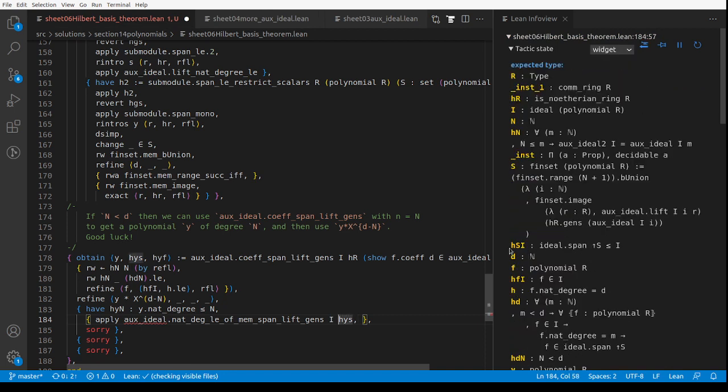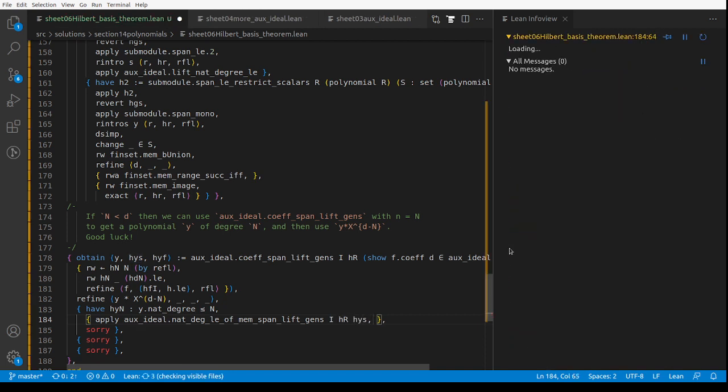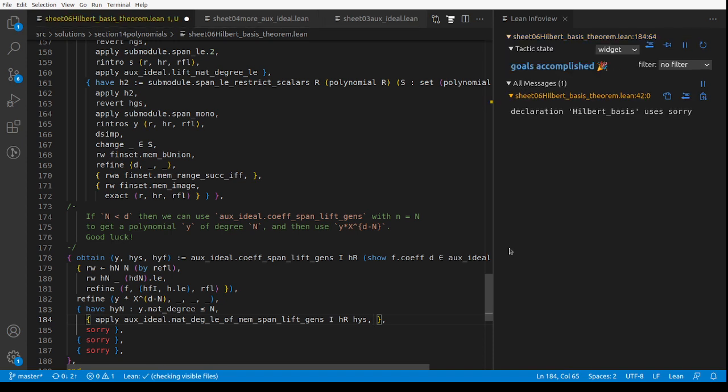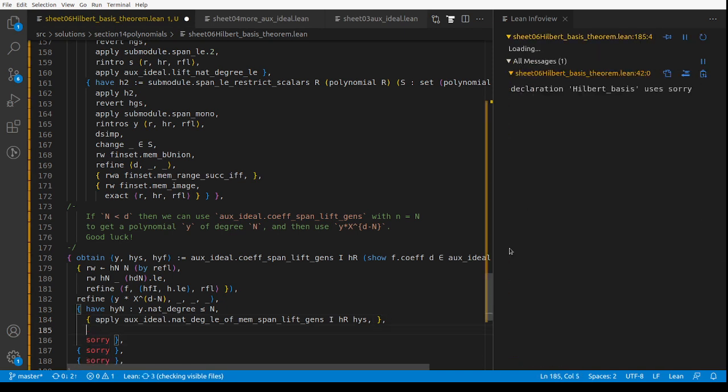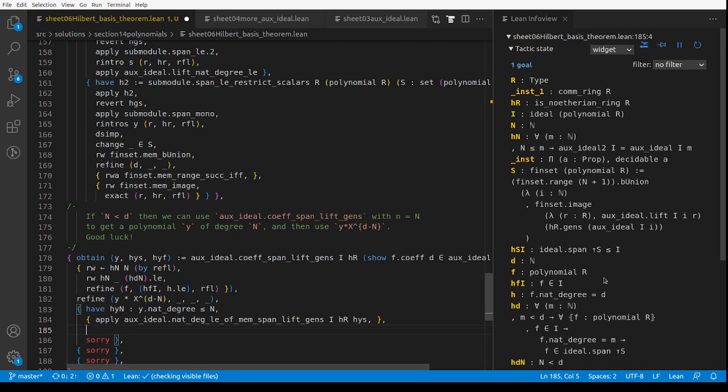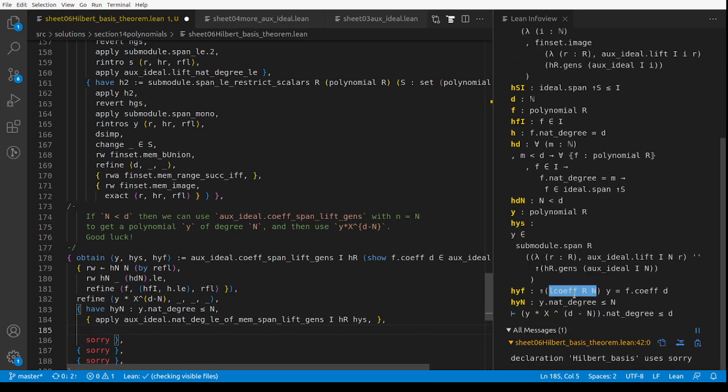It wants to prove that something's an Artinian. And now it's stopped complaining. Great. So now we have that. And so now what we know, the degree of y is at most n, and the degree of x to the d minus n is at most d minus n, and so the sum will be at most d.